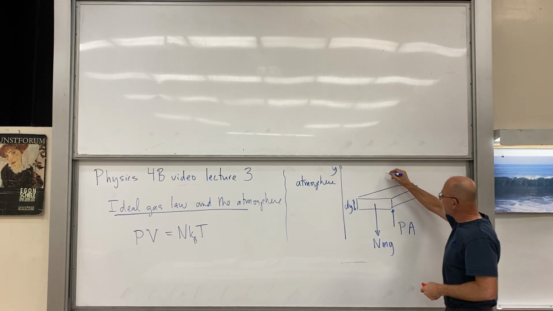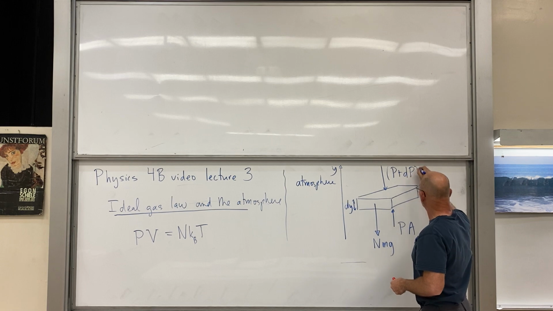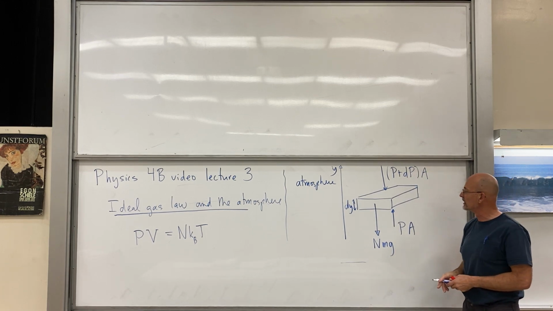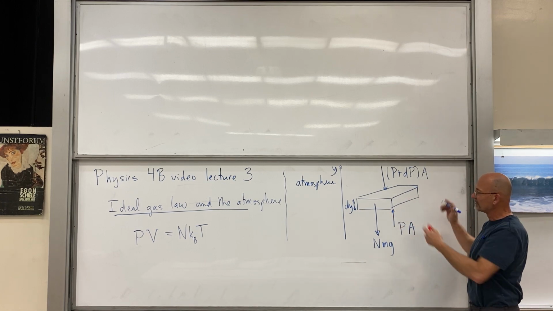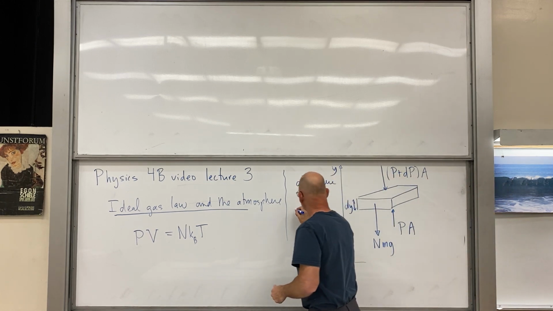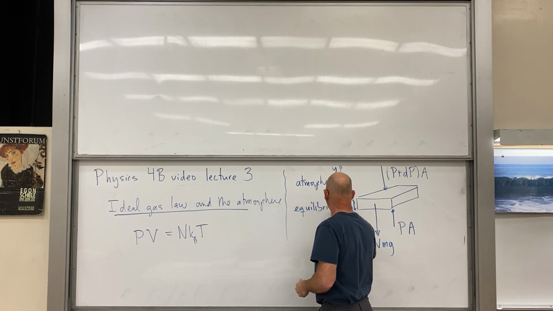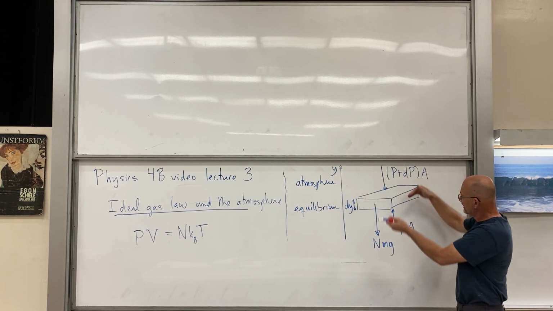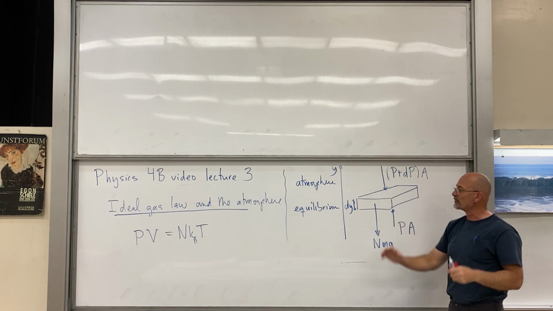Pushing up and pushing down on it is pressure plus dP times the area as well. So these three force vectors add up to 0 because we're thinking we have atmosphere, we have equilibrium. So that's our free body diagram, right? Force down, force up, force down, imagine a little slab of air.